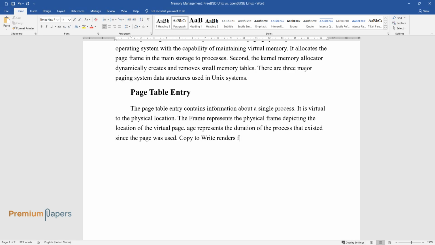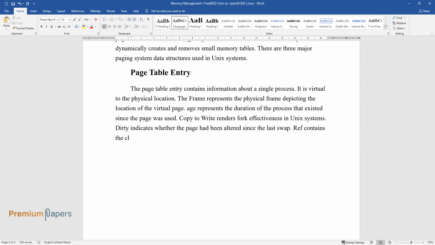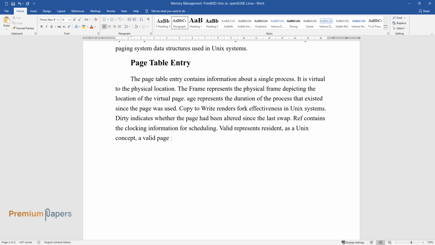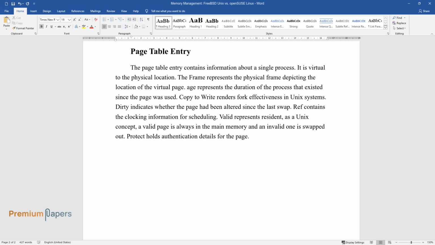Copy to write renders fork effectiveness in Unix systems. Dirty indicates whether the page had been altered since the last swap. Ref contains the clocking information for scheduling. Valid represents resident. As a Unix concept, a valid page is always in the main memory and an invalid one is swapped out. Protect holds authentication details for the page.